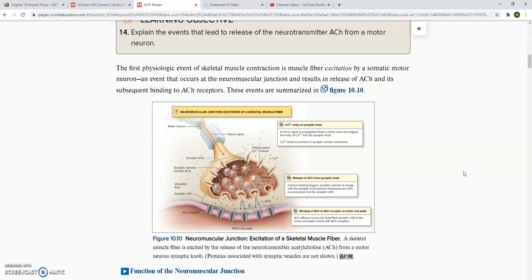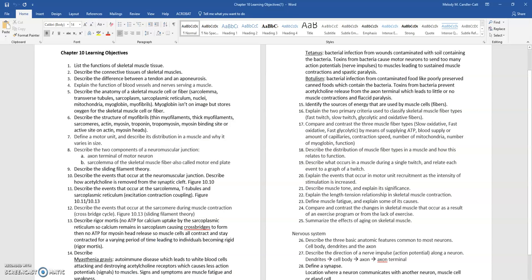And that immunity usually lasts about 10 years, I think, on average. So you should keep your tetanus vaccine up to date for that reason. So that is how tetanus works in the human body. And again, it's summarized here in our objectives too.